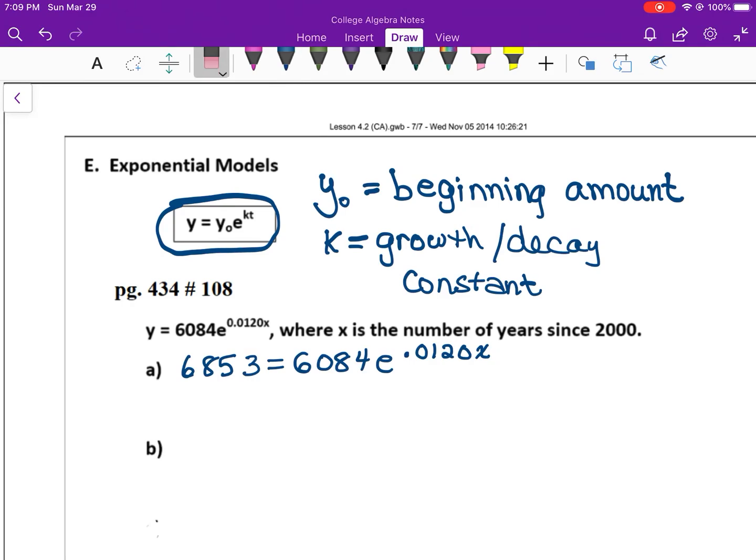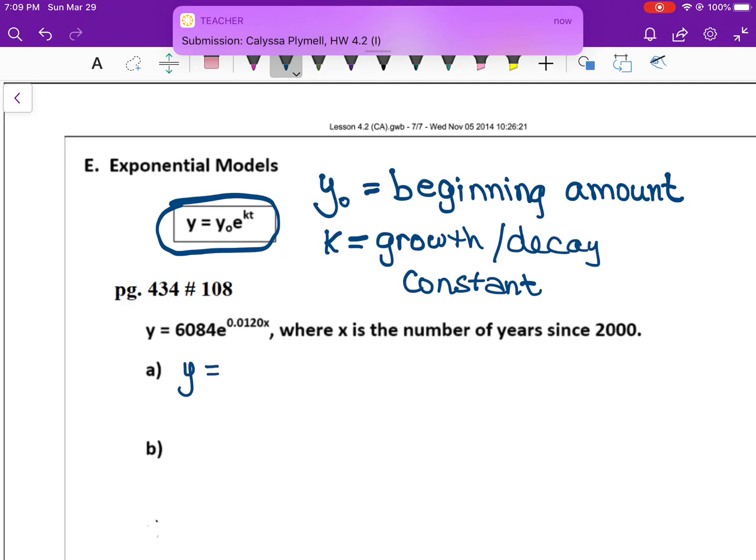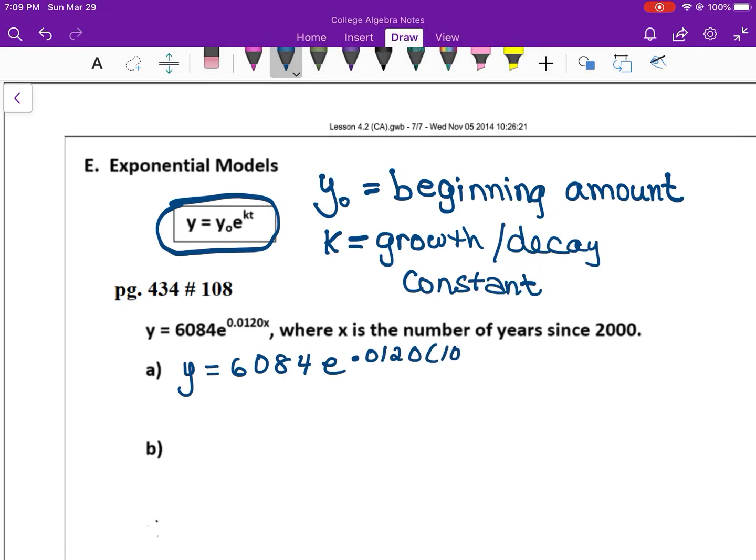Oh, I am sorry, I'm leading you down the wrong path. Let me start over. It says that the population was 6853 in 2010. So we want to use the model to see how close we can get to that number. So what we're going to do is we're going to find a y value, and we're going to plug in 10 for our time.